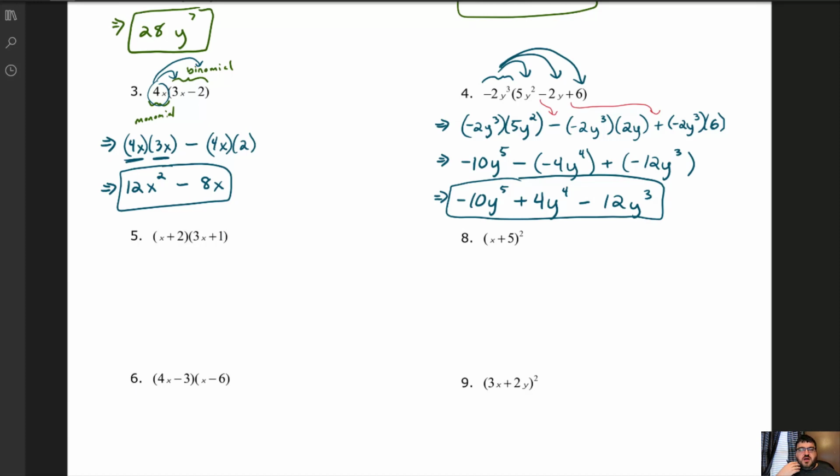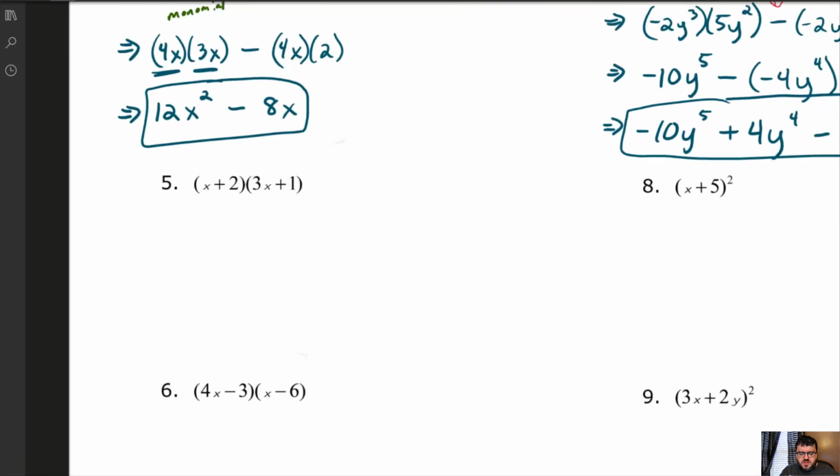We're mostly focused on, do we know how to add exponents? Do we understand how the distribution property works? And then of course, do we know how to add like terms? Do we know how to recognize like terms? So if you have trouble with arithmetic issues like sign numbers, definitely have a calculator handy for that kind of stuff.